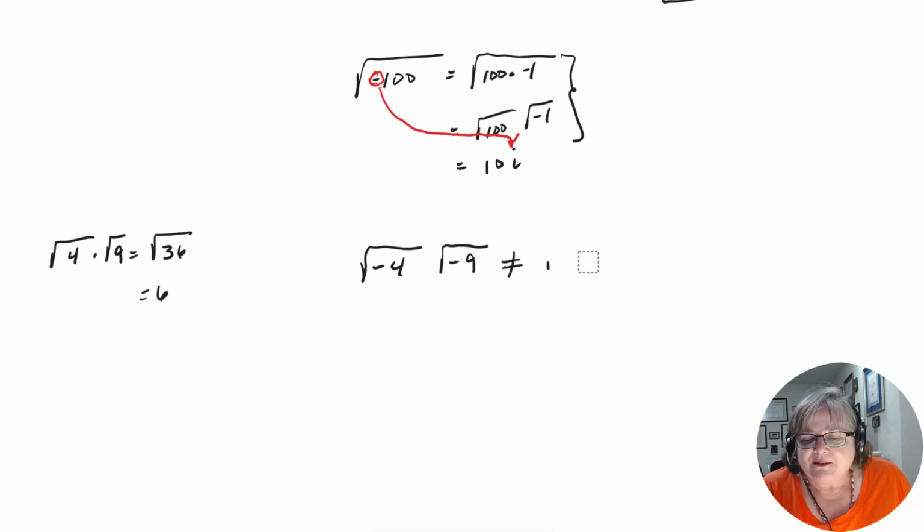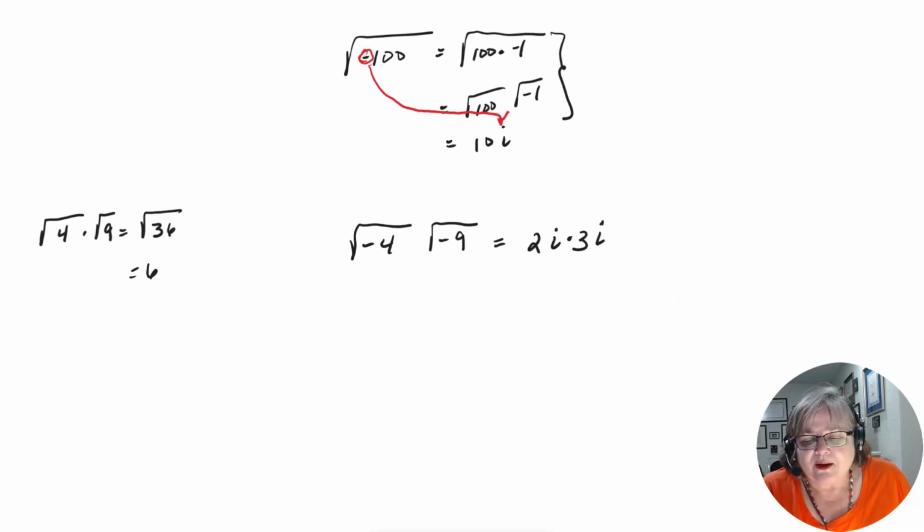Okay. So what you have to do is to say, all right, the square root of a negative 4. The negative is an i, and the square root of 4 is 2. The square root of negative 9, the square root of an understood negative 1 is i, and the square root of 9 is 3. So 2i times 3i is 6i squared.